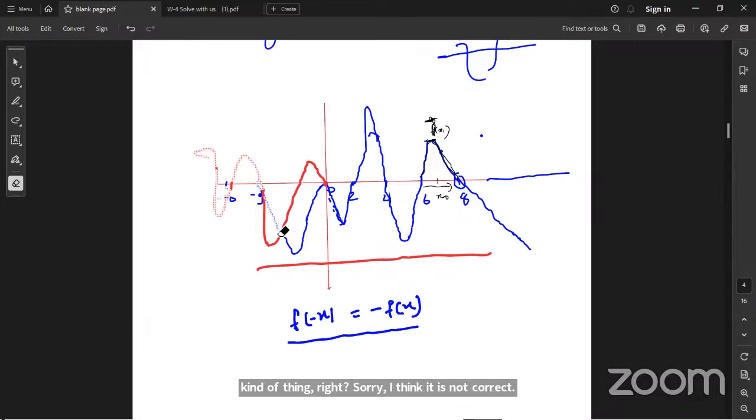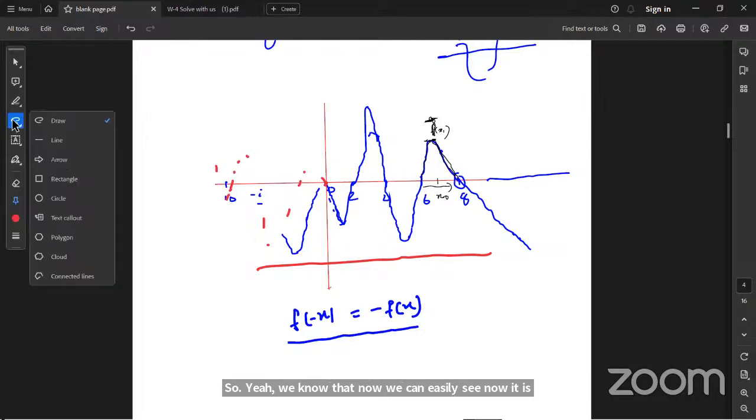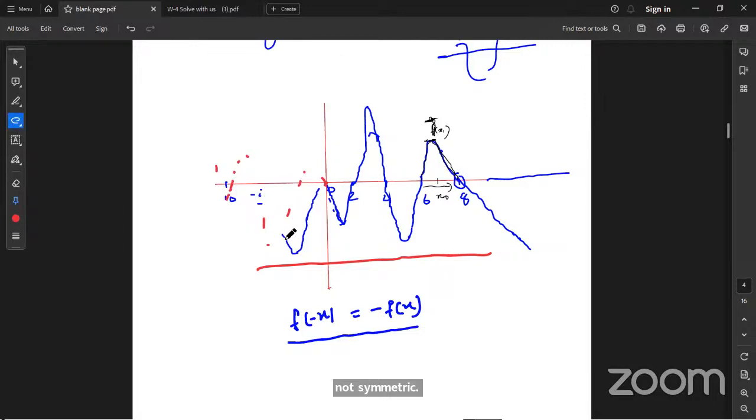So we know that now we can easily see it is not symmetric. Now it is not symmetric, right?